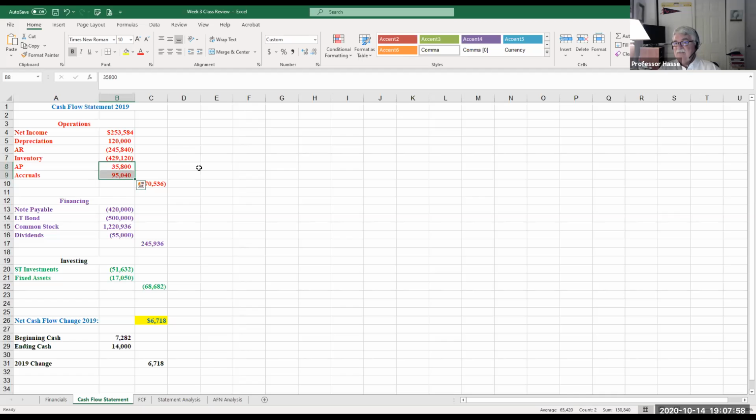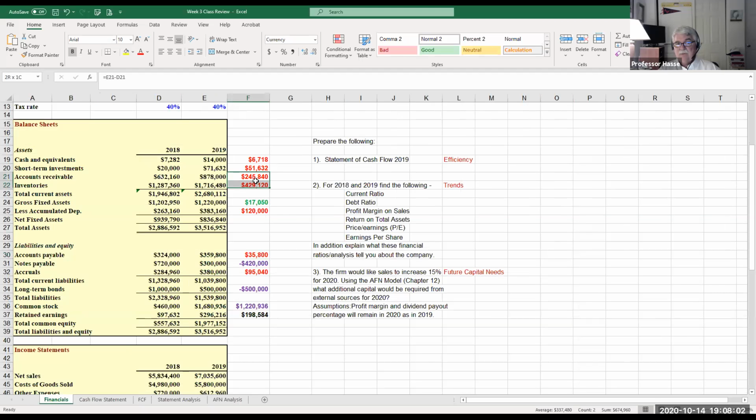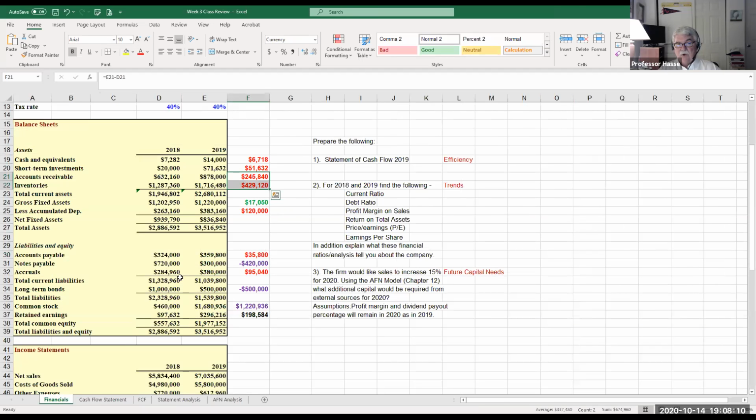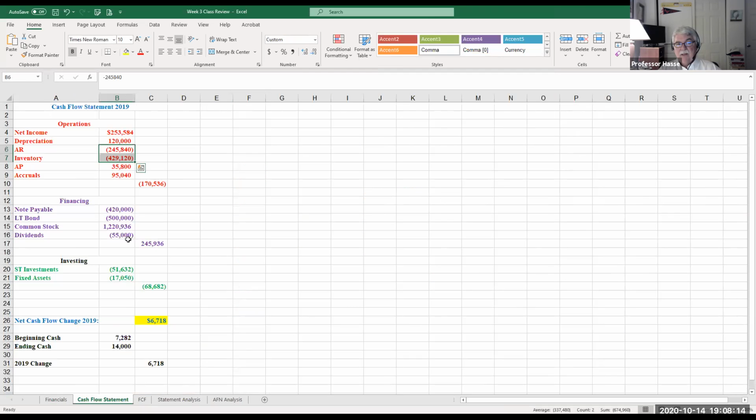So that's an interesting concept of the cash flow statement. If assets go up, negative cash flow. If liabilities go up, positive cash flow, because I'm not paying it out in cash.